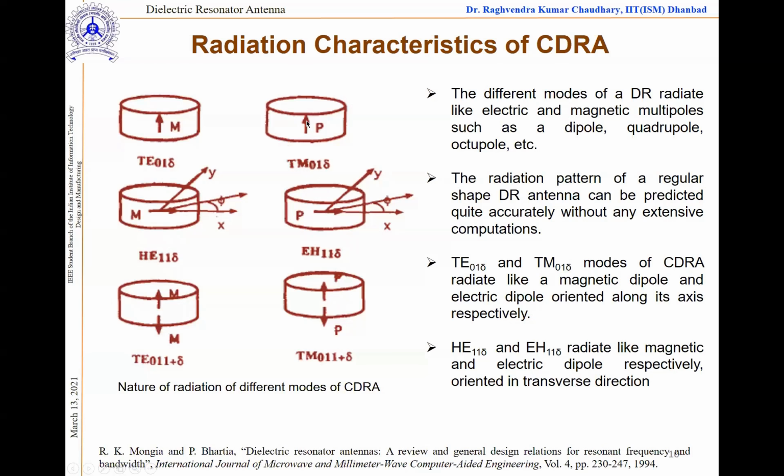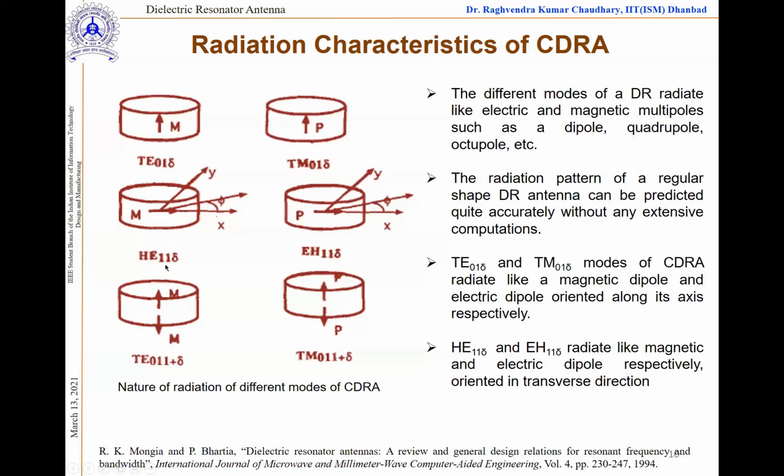We are all aware from school days what an electric dipole and a magnetic dipole are, so these terms make sense to us. When I say electric dipole, I can visualize the field profile, and this is the thing required when you are doing a subject like DRA. Similarly here, if you see, this is the HE11 delta mode and EH11 delta mode.